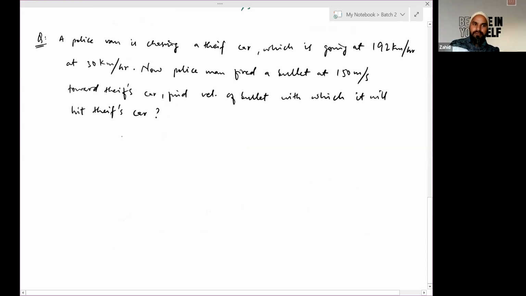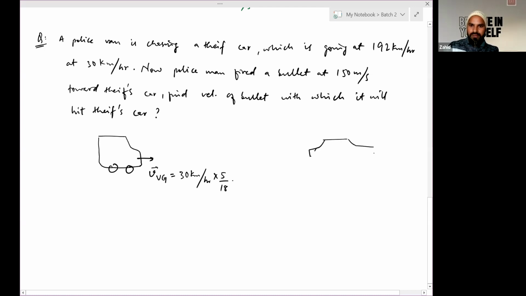In this part, we have a police van which is going along this direction with some velocity, say velocity of van with respect to ground, which is 30 kilometers per hour. Multiply it by 5 by 18 to convert it into meters per second. And there is a thief car going very fast along this direction, with velocity of thief's car with respect to ground 192 kilometers per hour.